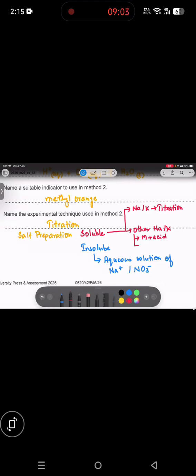Second one is metal oxide plus an acid. Third one is metal hydroxide, in the solid form, with an acid. And the fourth one is a metal carbonate plus an acid. You will get the soluble salts.